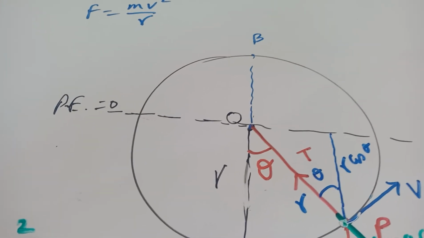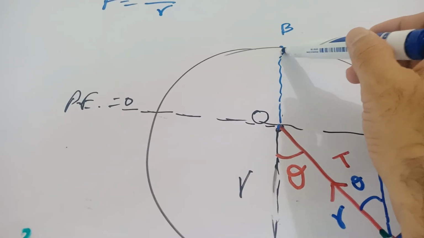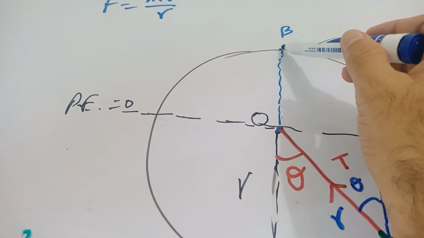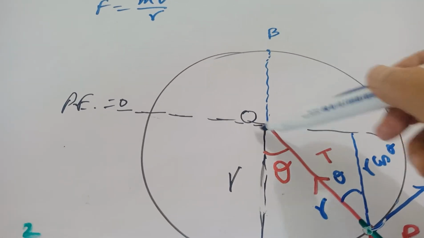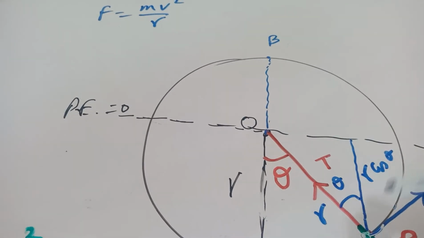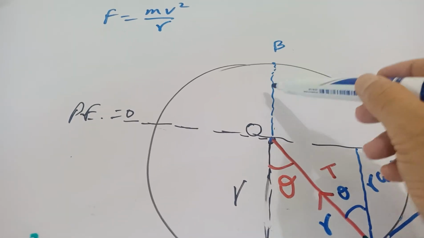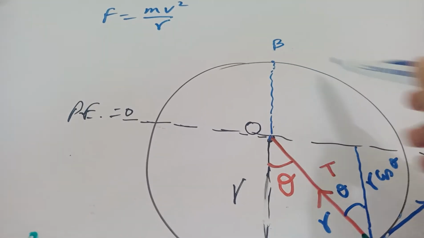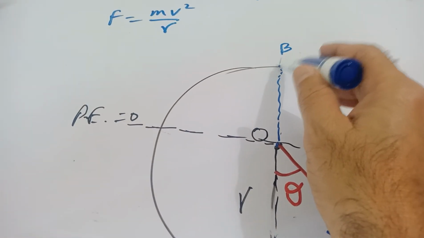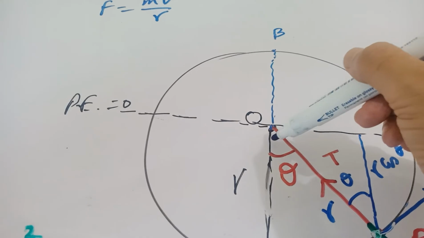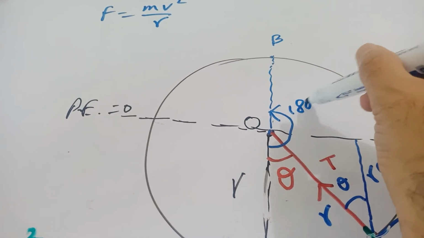Or in other words, the tension should not be zero over here. Because of this tension, this is moving in circles, so this tension has to be positive, only then this will complete the circles. Now when it reaches the point B, what is this angle now? This angle is going to be 180 degrees.